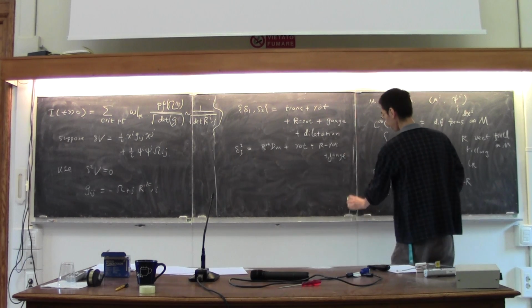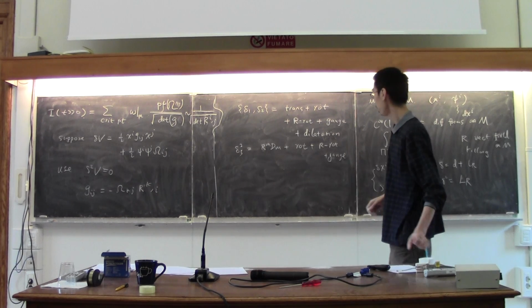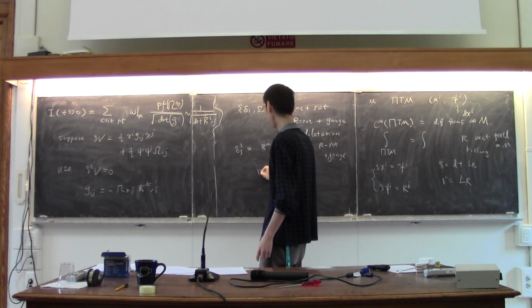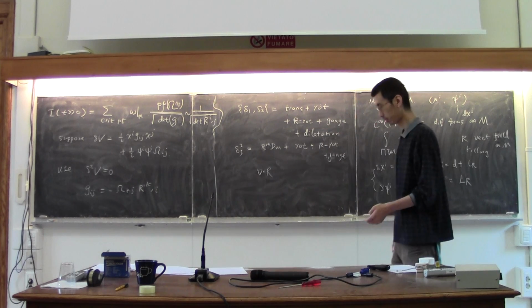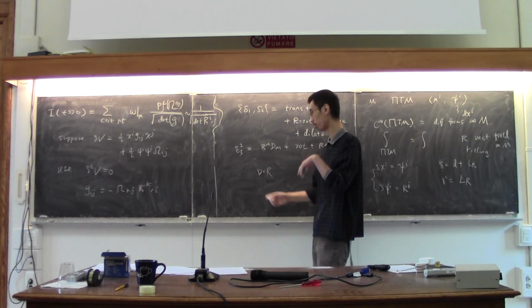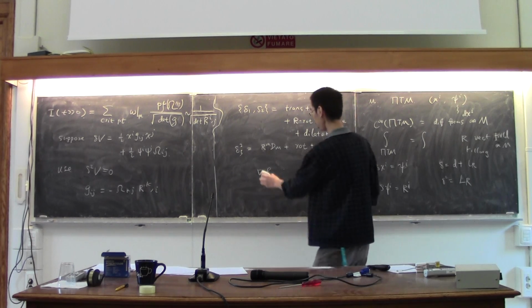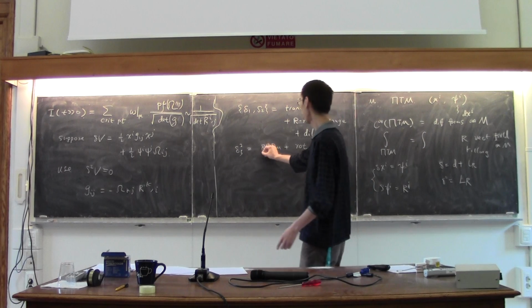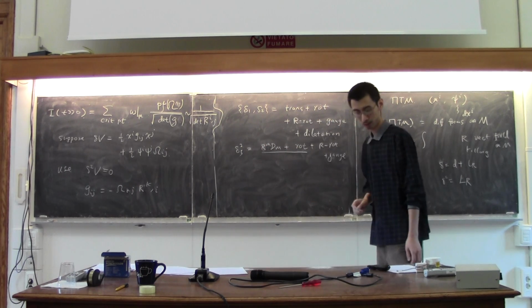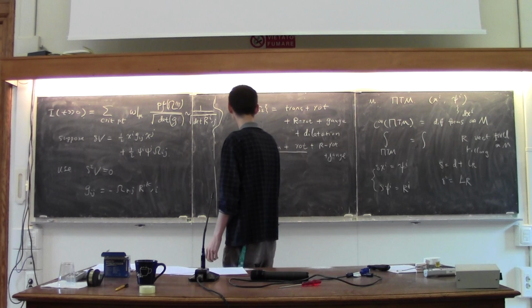The reason for that is because the dilatation has this following parameter, the divergence of the Reeb. But remember that the Reeb is actually Killing, so the divergence vanishes, so the dilatation goes away. And furthermore, the translation plus rotation combines into something really nice, actually.